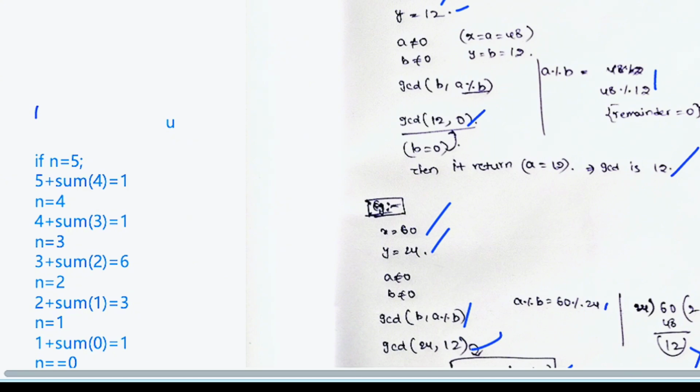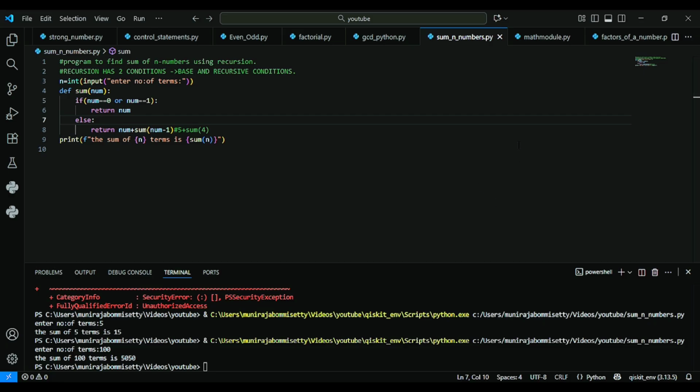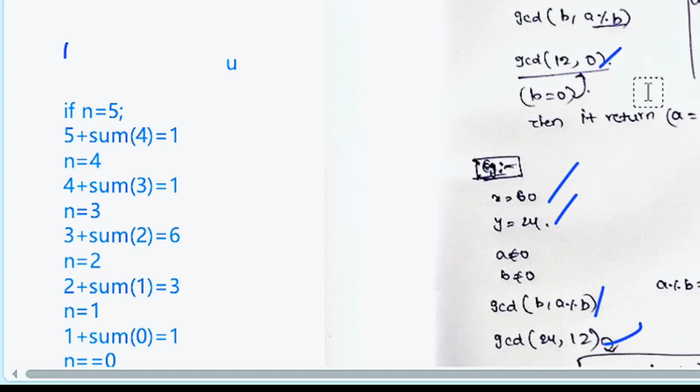So 5 plus sum of 5 minus 1, that is 4. Now the n value is updated, n is 4. Now it gives 4 plus sum of 3. n is again updated to 3 and 3 plus sum of 2. n is again updated to 2, and 2 plus sum of 1. So this is the recursive condition, and this is the base condition.